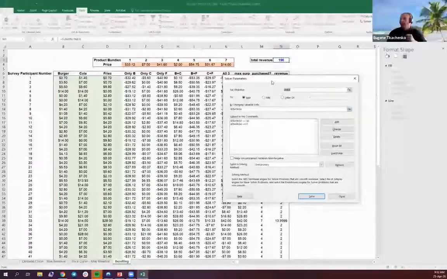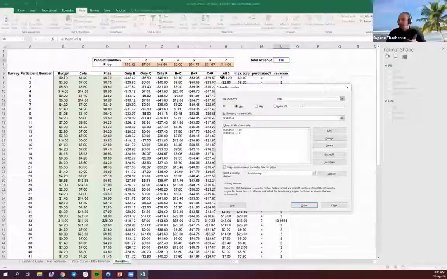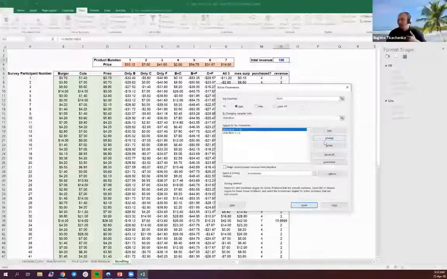So the assumptions are basically the same as always. We are trying to set our total revenue to maximize our revenue. We are interested in changing values for our prices because again, we don't know them. We can play around with certain constraints.